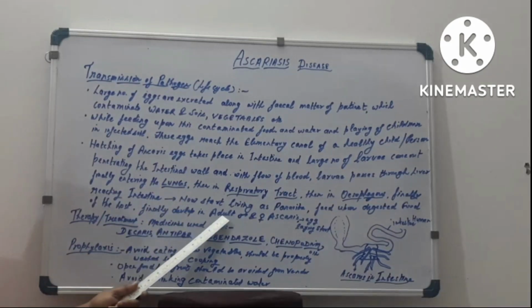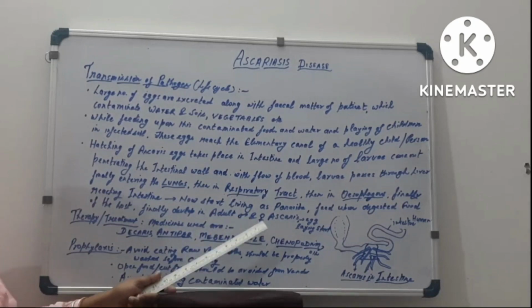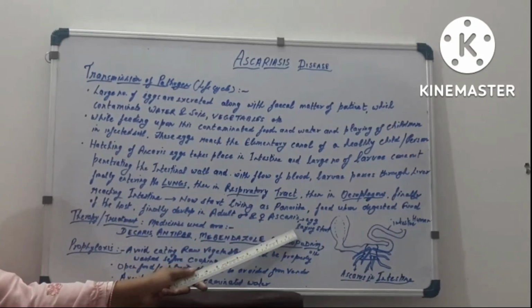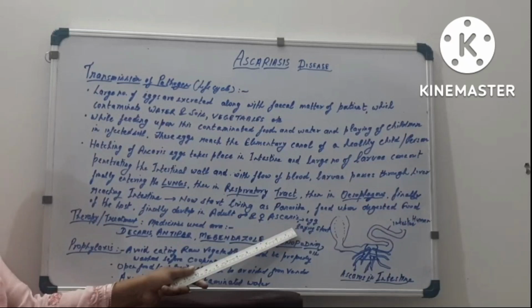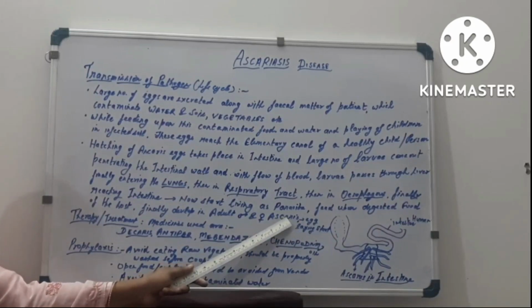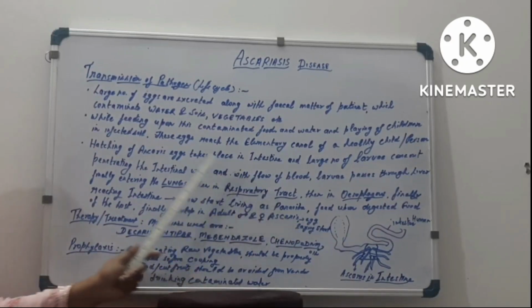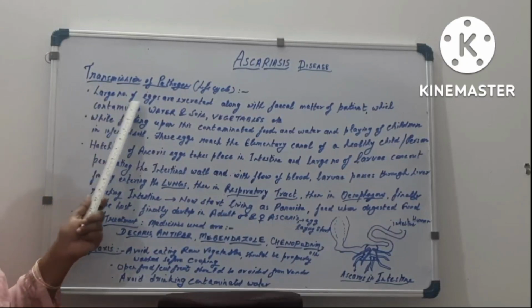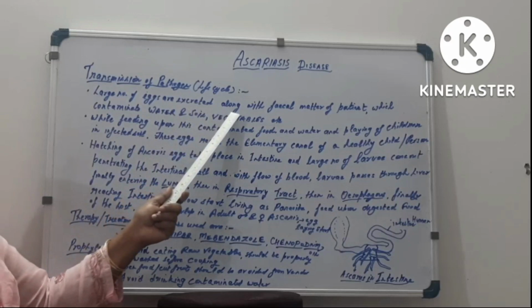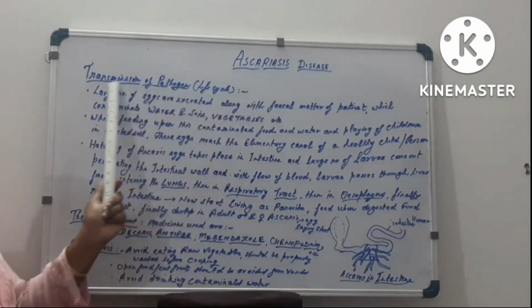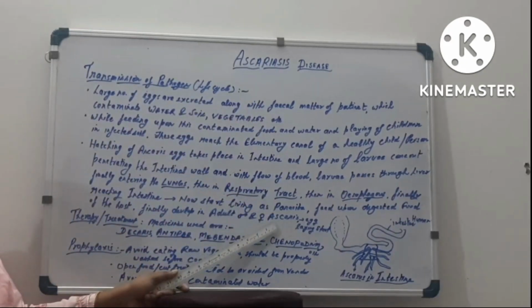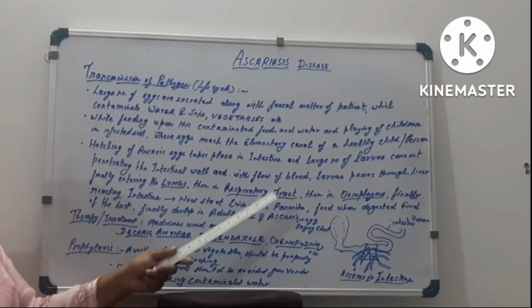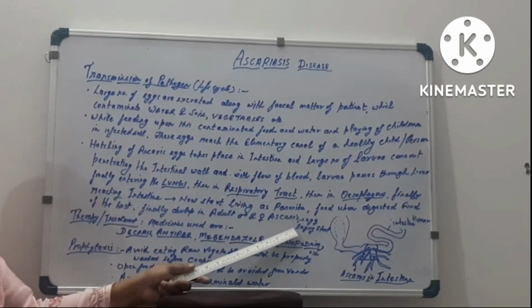Finally, they develop into adult male and female Ascaris. Again, Ascaris starts laying eggs. Now the cycle is complete here. As I have told you, a large number of eggs are excreted along with the fecal matter, and again here you can see that the adult female Ascaris starts laying eggs in the intestine.